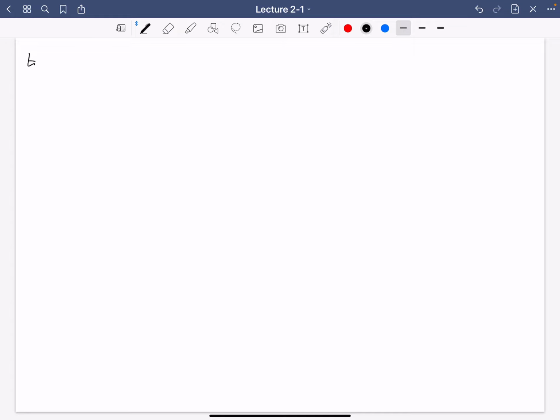So let's talk about some examples of algebraic groups quickly.